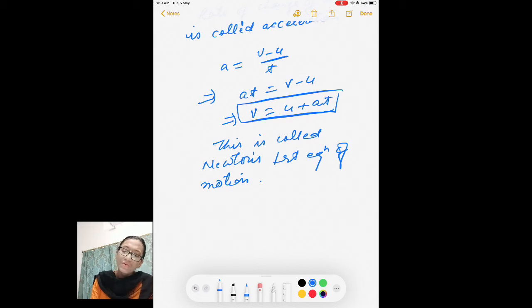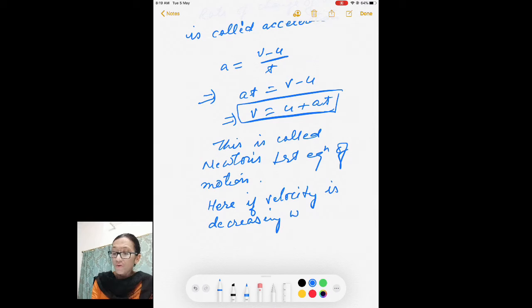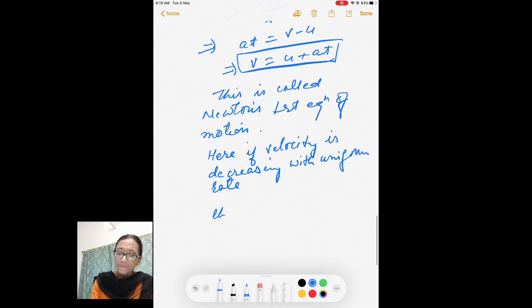Okay, so here if velocity is decreasing with uniform rate, then v minus u will be negative, and therefore acceleration will be negative.